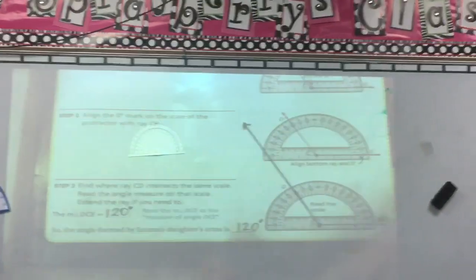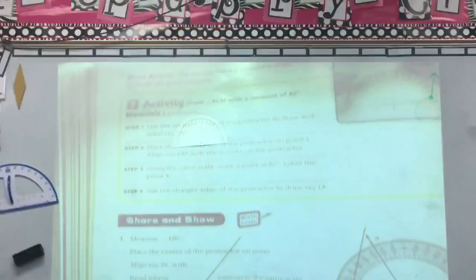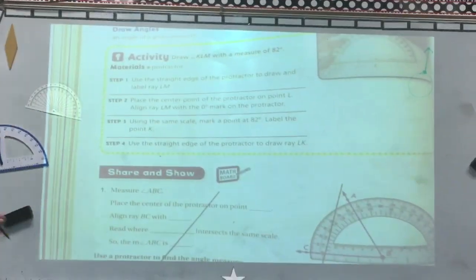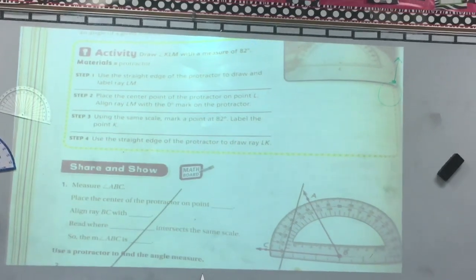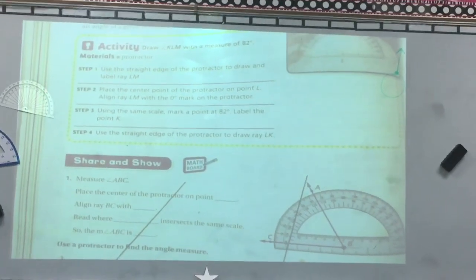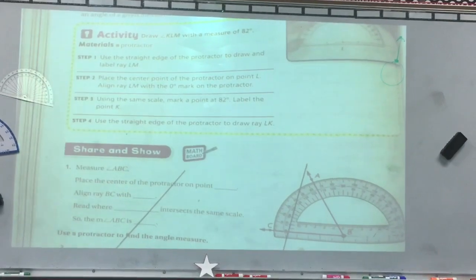Turn over to page 500. It says, draw angle KLM with a measure of 82 degrees. It says use the straight edge of your protractor to draw and label ray LM.